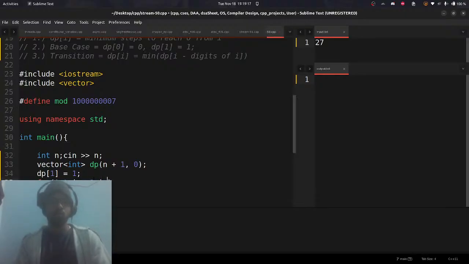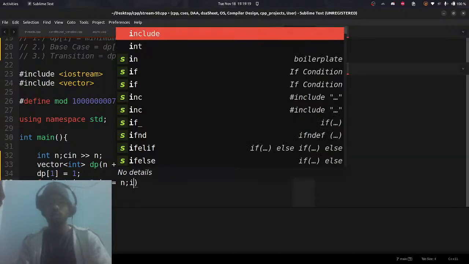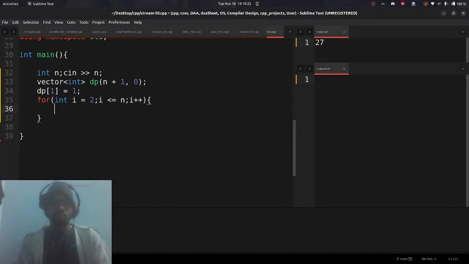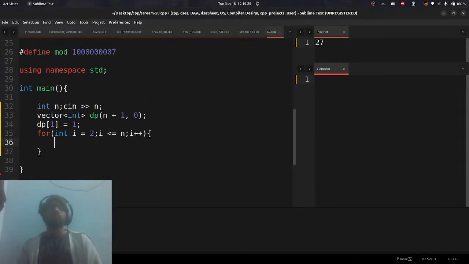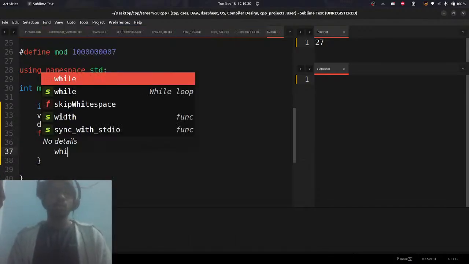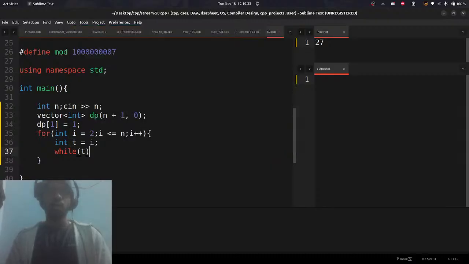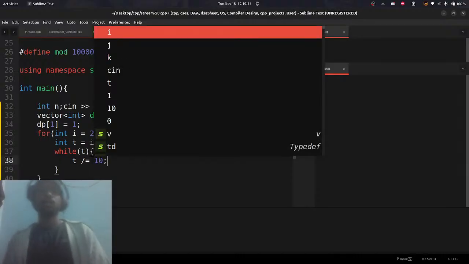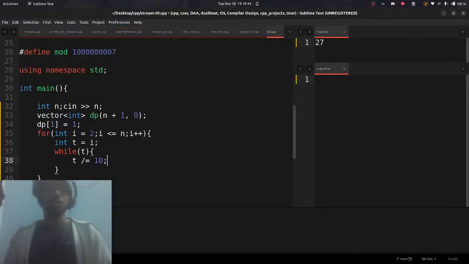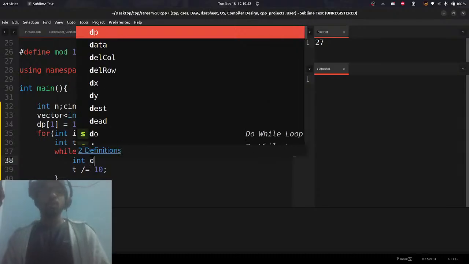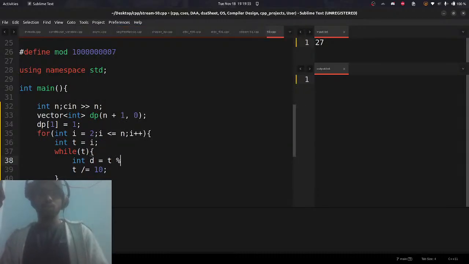For int i equal to 2, i less than or equal to n, i plus plus. int t is equal to i, and while t, we'll extract each and every digit from here. int d is t modulo 10.